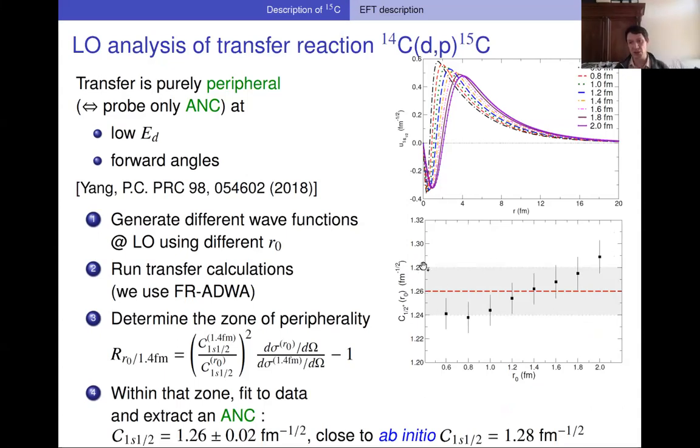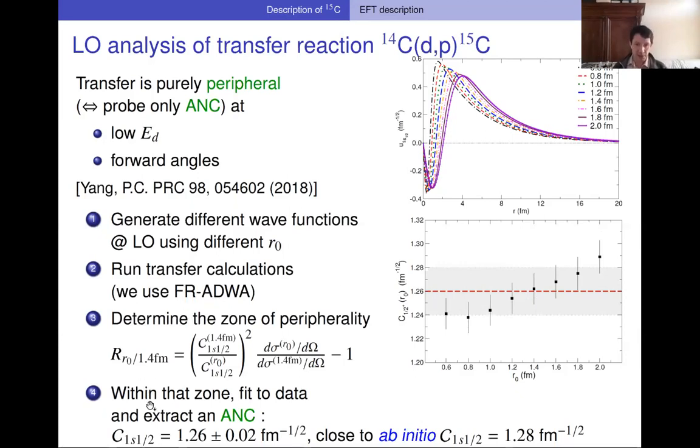And what you see is we get something rather flat. Here it doesn't look as flat, but the difference between these two curves is basically 2%. It's plus or minus 2%. So the difference is very small, and you have something which is very reliable. It means that you're not sensitive to the internal part of the wave function. You basically probe only the tail of the wave function when you select the data in that particular range.